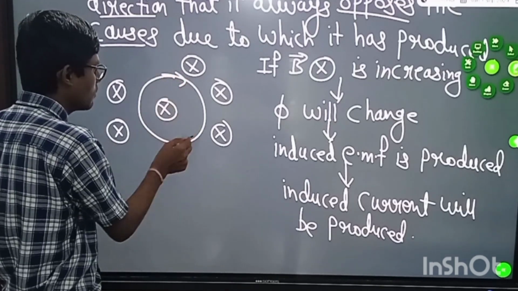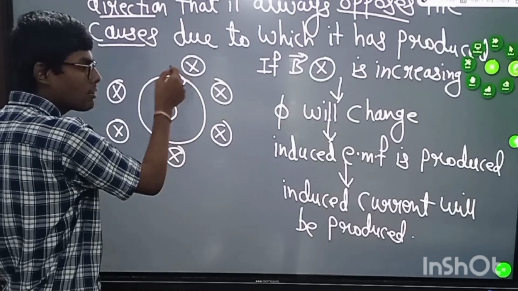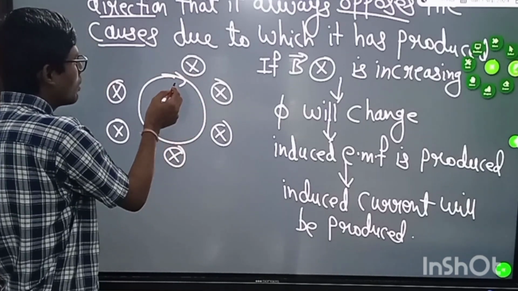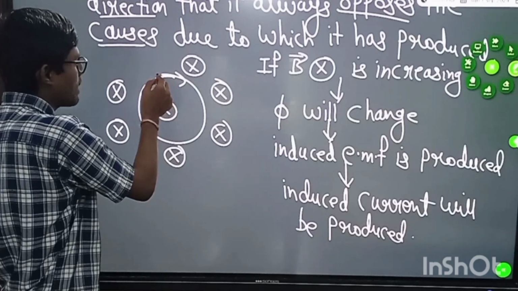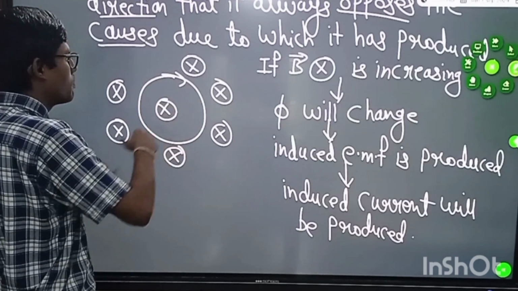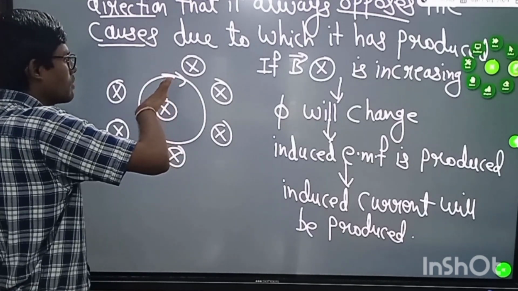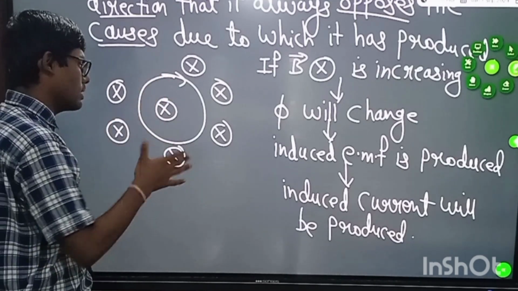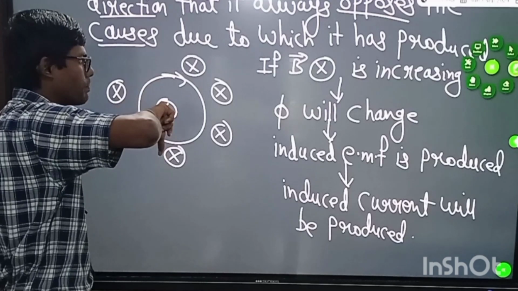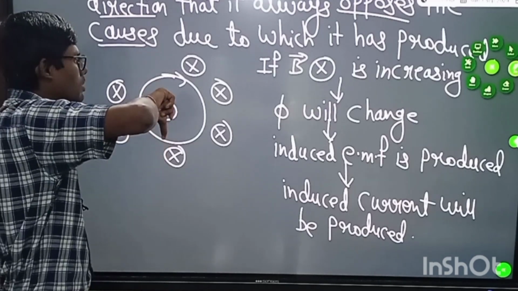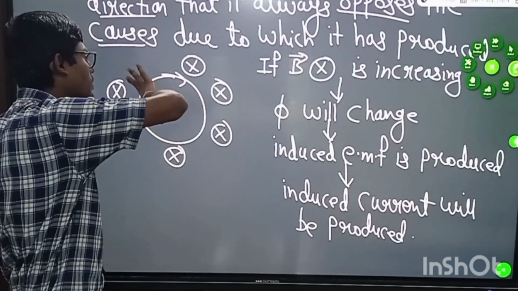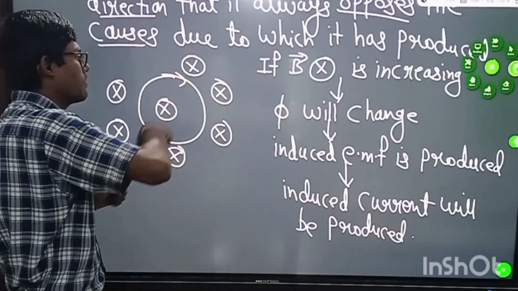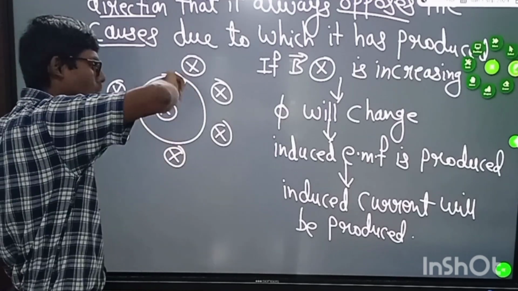When the current flows through this conducting coil, it will also produce a magnetic field. If the current flows in this direction, the magnetic field produced due to this current carrying coil will be inward.